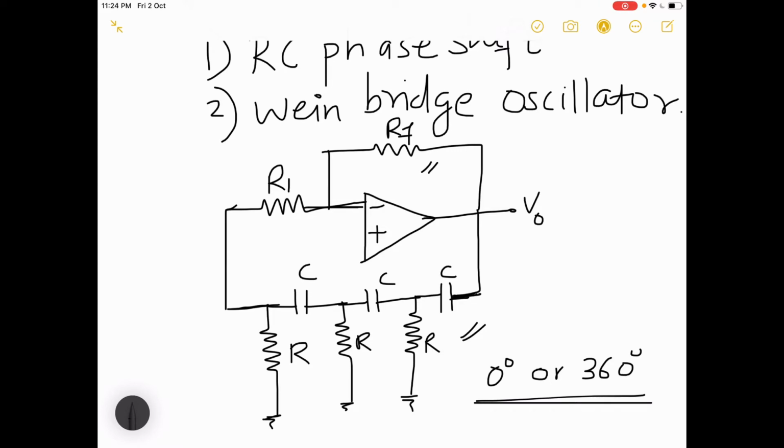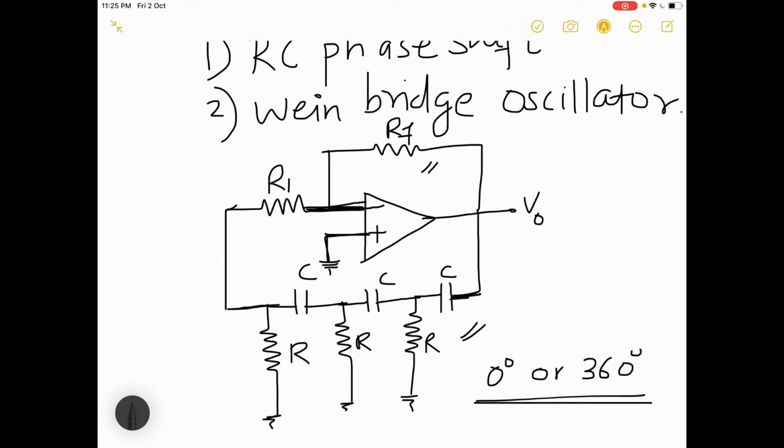Okay. Before that, one thing is remaining here: the non-inverting terminal should be grounded. Keep it in mind that we are connecting this feedback output to the inverting terminal, not to the non-inverting terminal. This is very important while drawing the diagram of the RC phase shift oscillator.